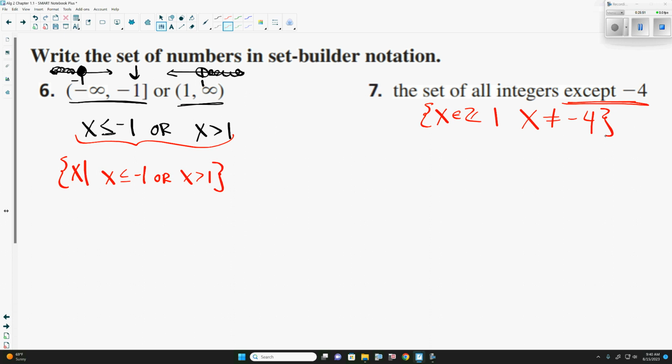If it had said the set of all real numbers except -4, it'd look like this here. Because if it's just saying the set of all real numbers, I don't need the Z anymore. We can drop it and the element symbol and just have this.